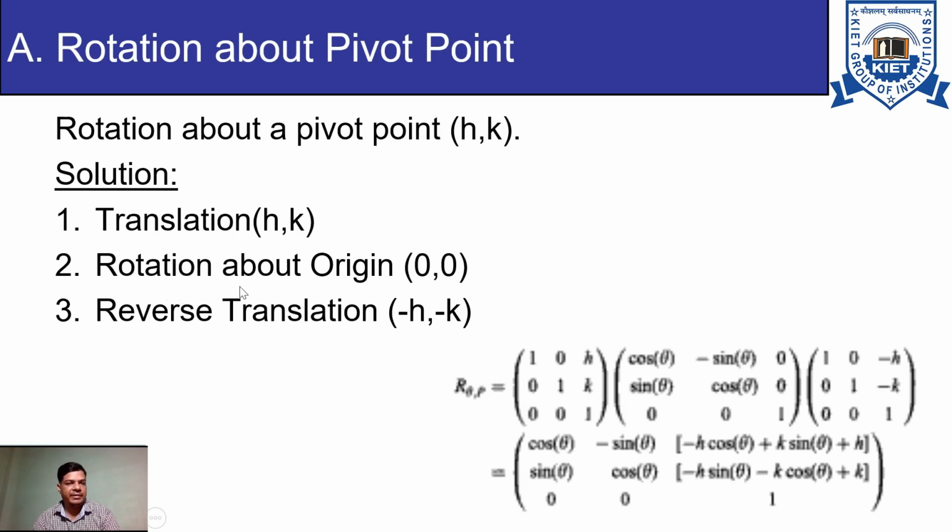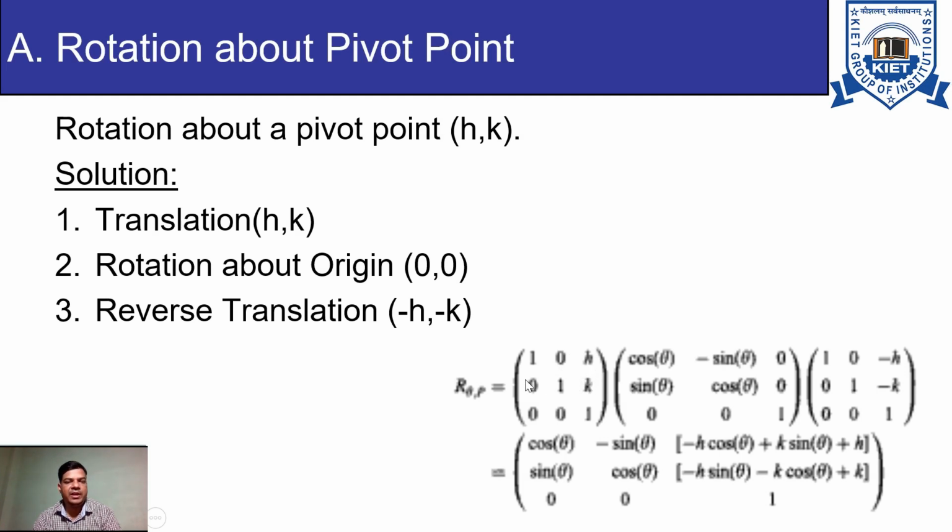Finally, after rotation we shift the pivot point back to its original position. So this is a kind of composite transformation, and here we are performing three transformations: first translation, second rotation, and third reverse translation.